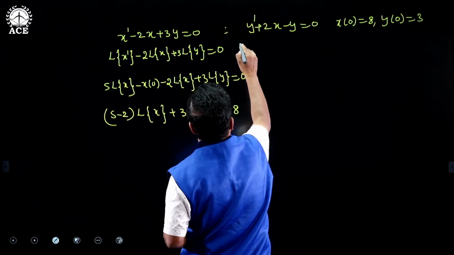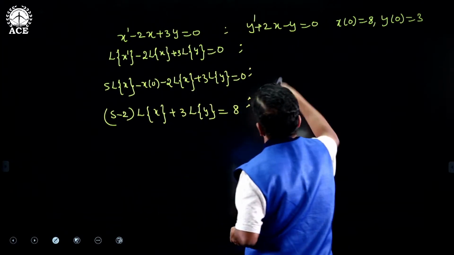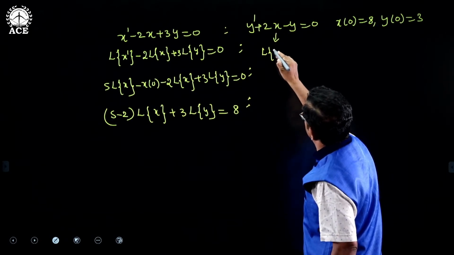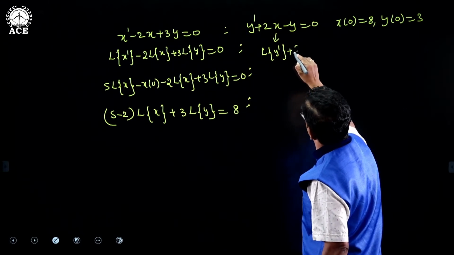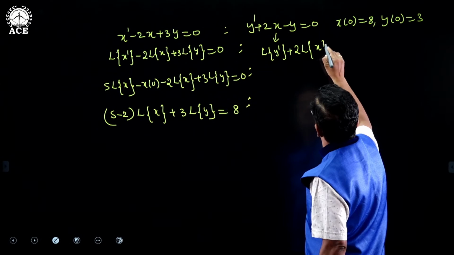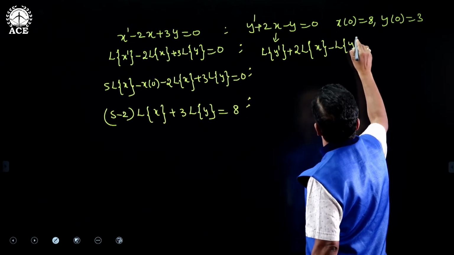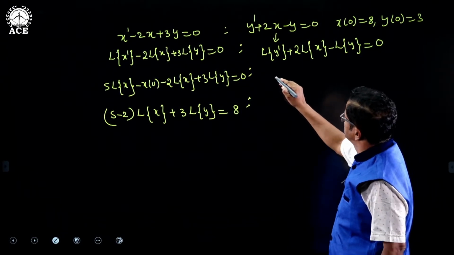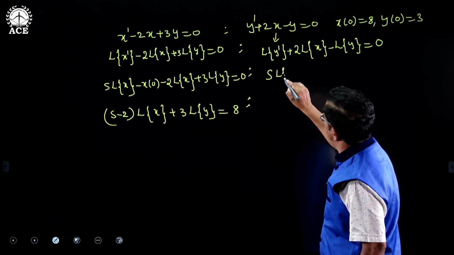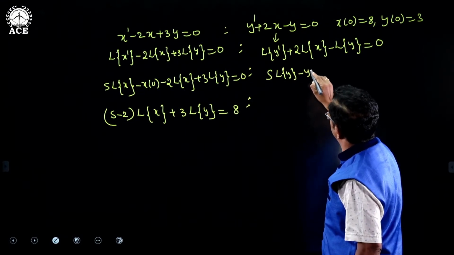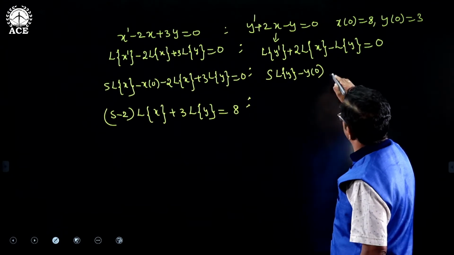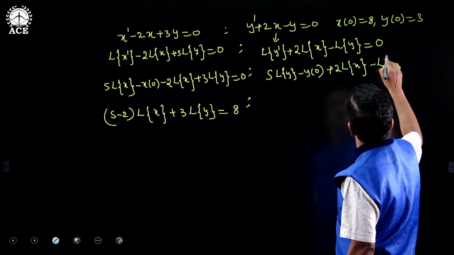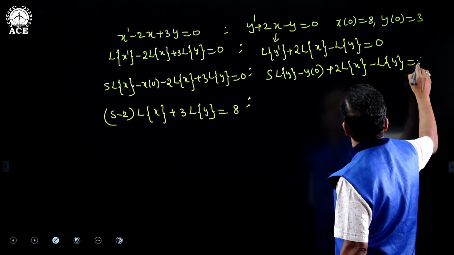Next, for this differential equation I am taking Laplace transform. So L of y dash plus 2 into L of x minus L of y is equal to 0. L of y dash by the Laplace transform derivative formula is s into L of y minus y of 0, plus 2 into L of x minus L of y is equal to 0.